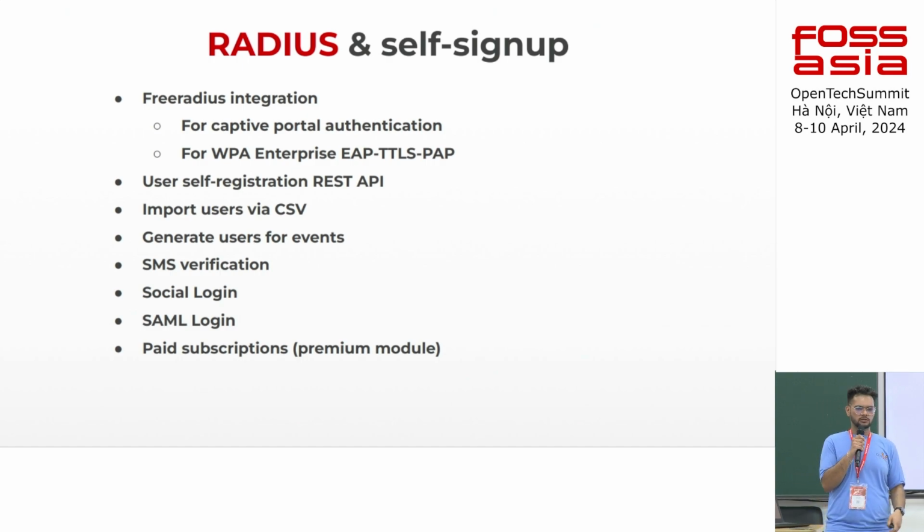Then it is also possible for users to do a self sign-up. Some jurisdictions do not want to allow people to randomly access the internet without any identification for security purposes.